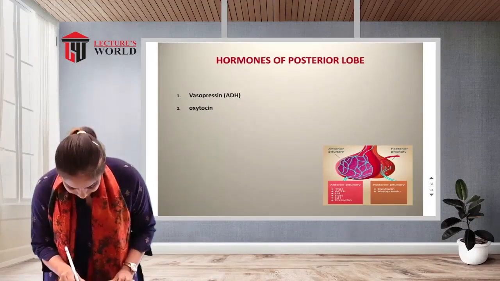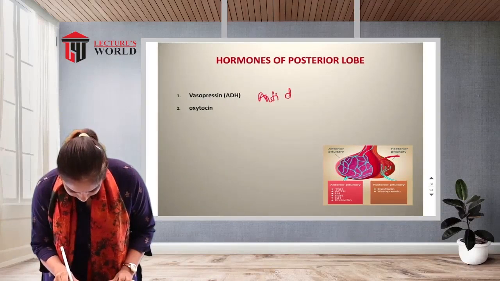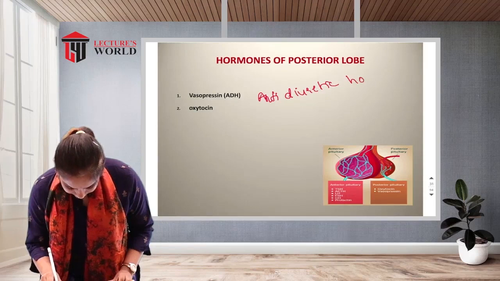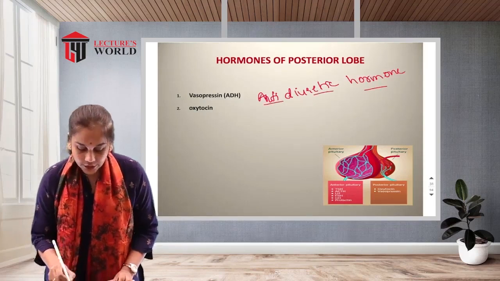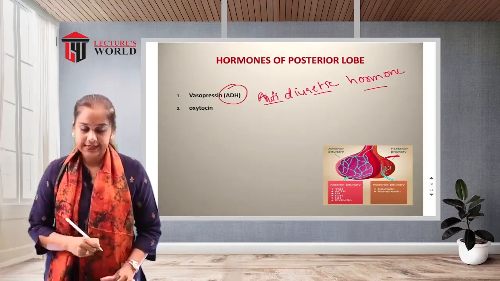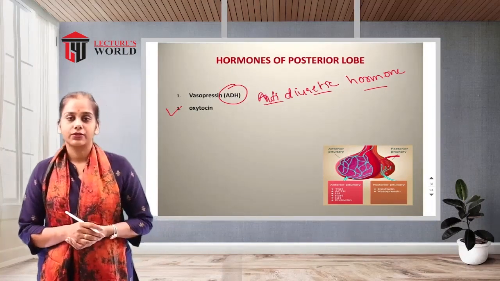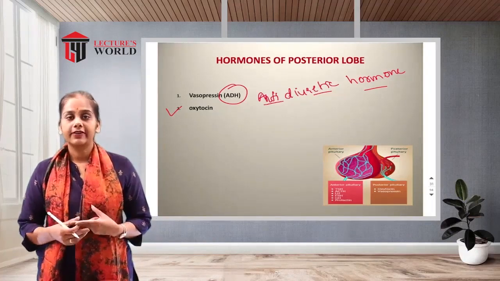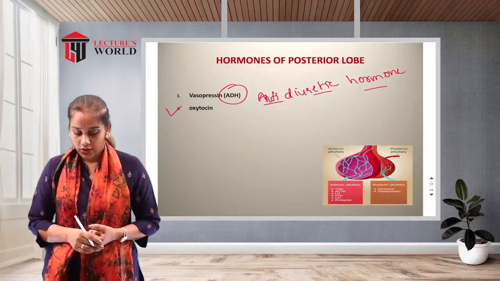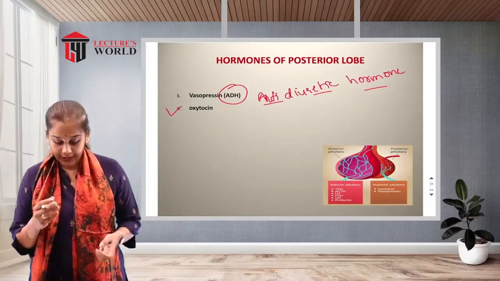And the second most important hormone is oxytocin. Both are very important and essential hormones of the posterior lobe of the pituitary gland.